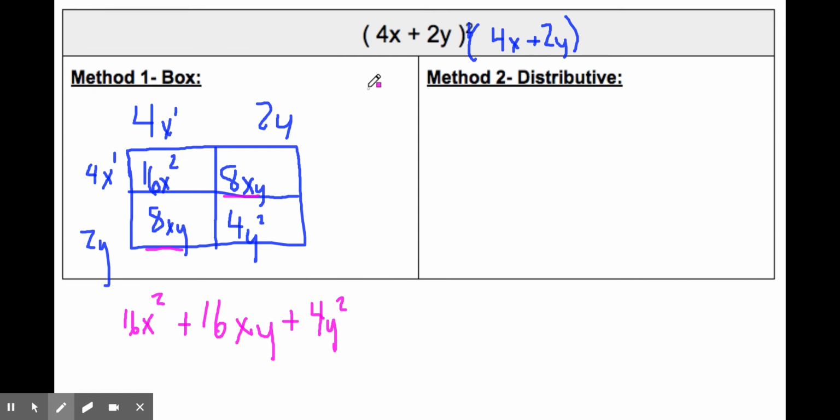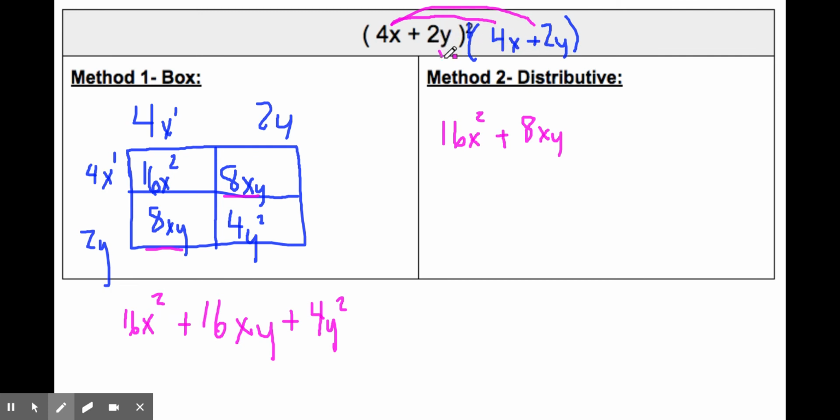All right, so now if we want to try the distributive method, first term here, 4x times 4x is going to be 16x squared. 4x times 2y is going to be 8xy. Again, same concept. You don't have similar bases, so you can't add exponents. You just have to make sure that both bases are represented.